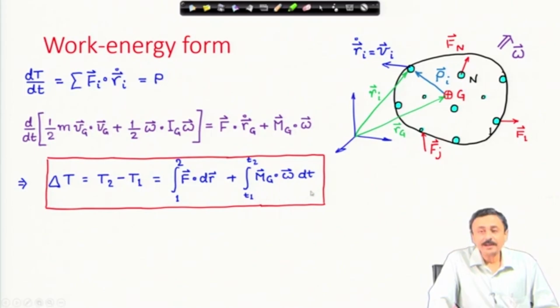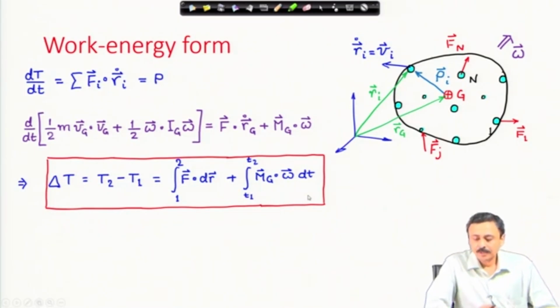And the second integral, Mg dot omega dt. If I write omega as theta dot k cap, then I can write it as Mg d theta. But in general, for a general rigid body, I cannot write omega as a time derivative of a vector quantity.